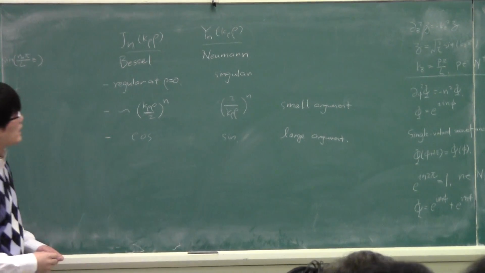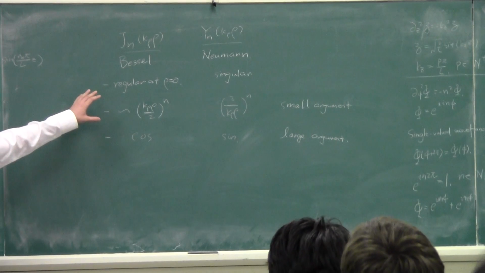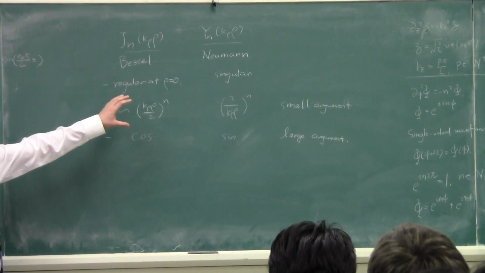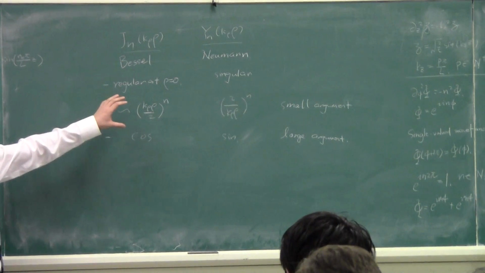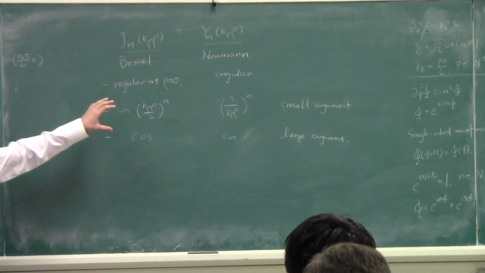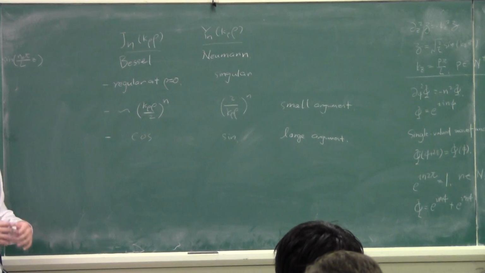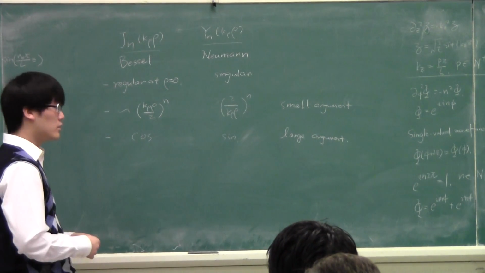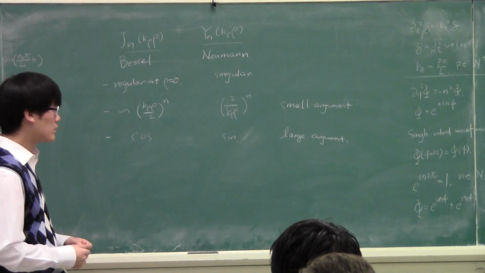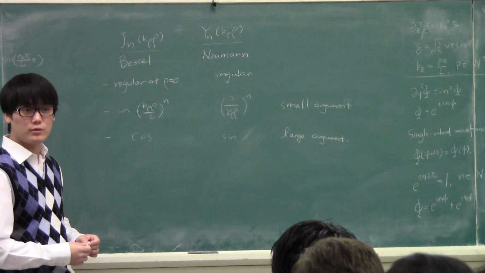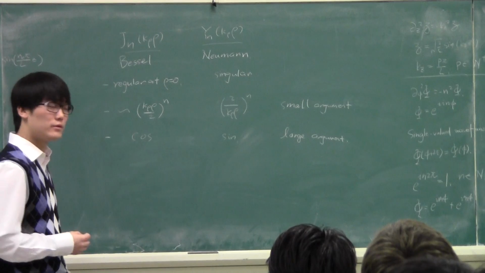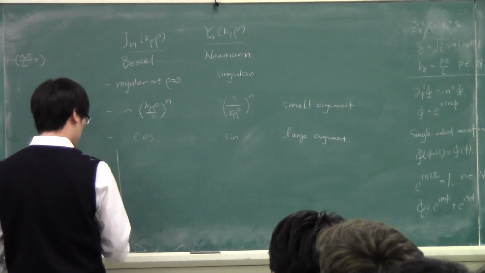So these are the behaviors of the Bessel and Neumann equations, and we are not going to show you how to solve them, because if you solve them by a series expansion, they won't converge and they don't have good analytical expressions. But let me plot out for you what the first few Bessel functions look like. Well, let me do the first 3.